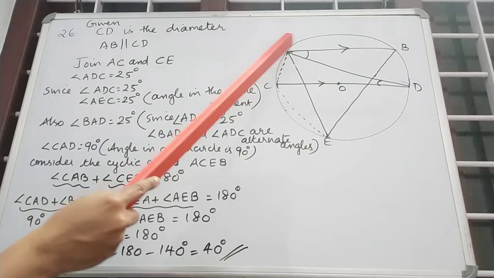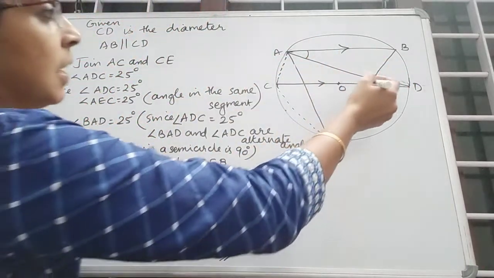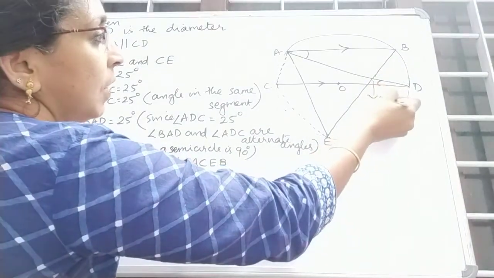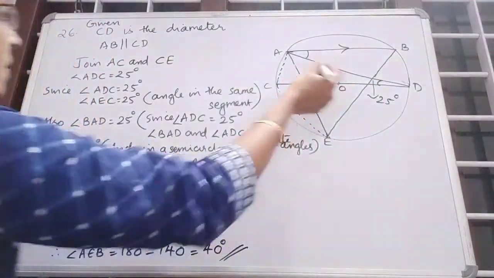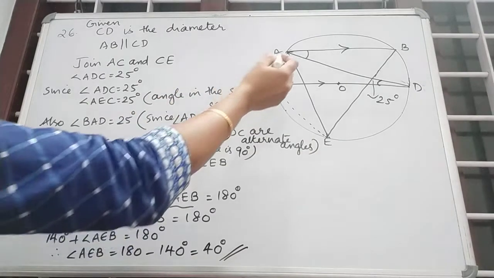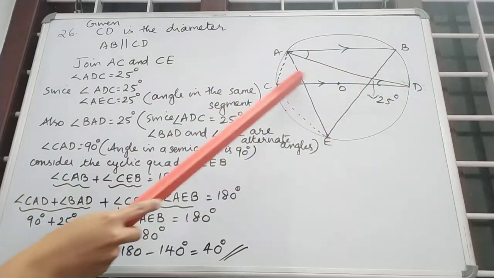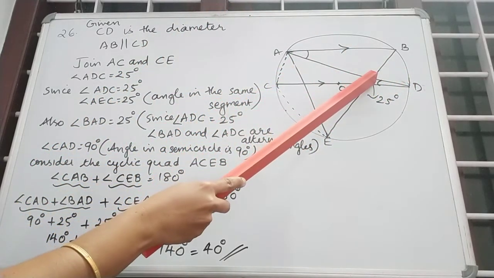Given angle ADC is equal to 25 degree. So what about angle AEC? ADC is 25 degree, this angle.